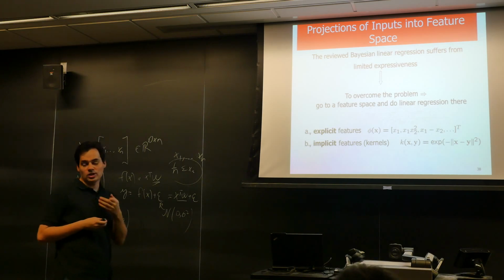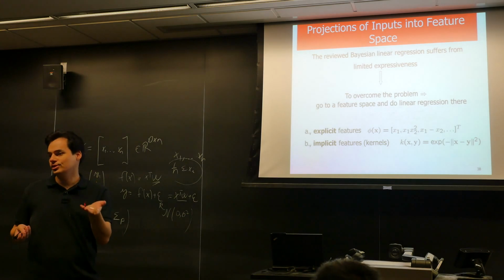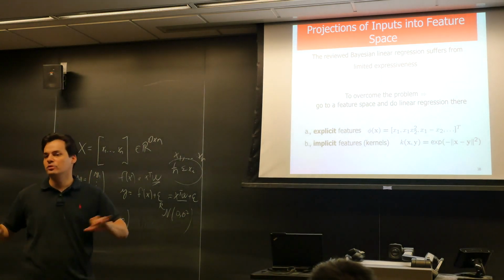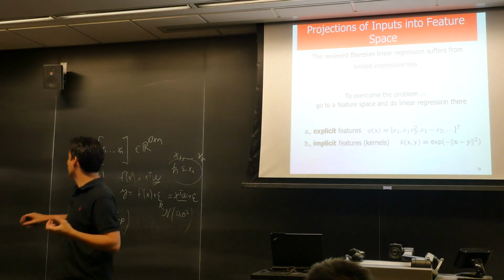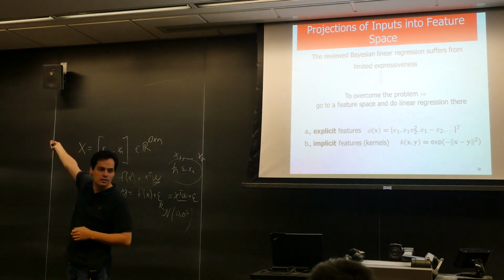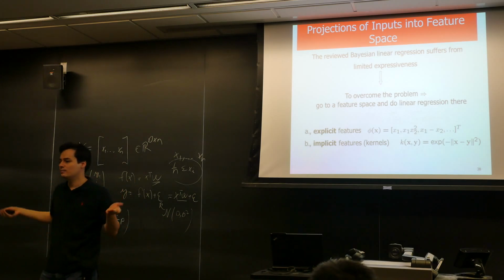Okay, so we just did a linear regression with some prior distribution on the weights. In practice it won't work quite often, so what we want to do is transform the observed inputs to a feature space first and do linear regression in that feature space, and we might get better accuracy there.